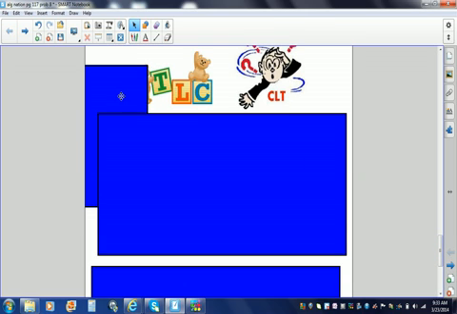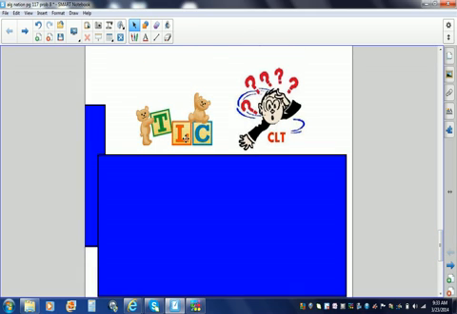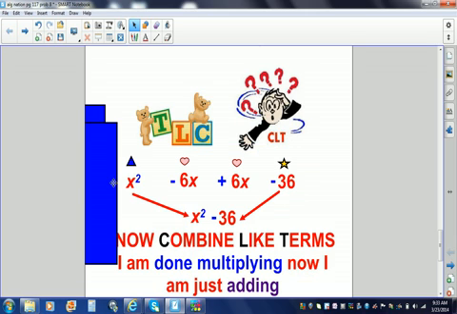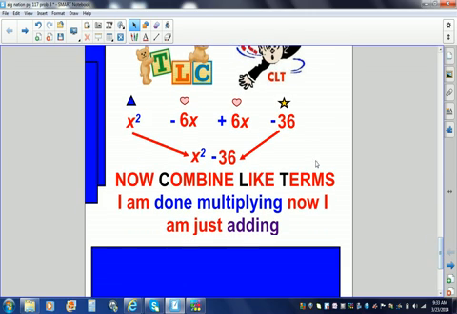Now I am getting closer to being done with my FOIL. I'm going to give them all a little bit of TLC. No, not TLC, CLT. Combining like terms. Don't give them tender love and care. Give them combining like terms. So what can I combine here?